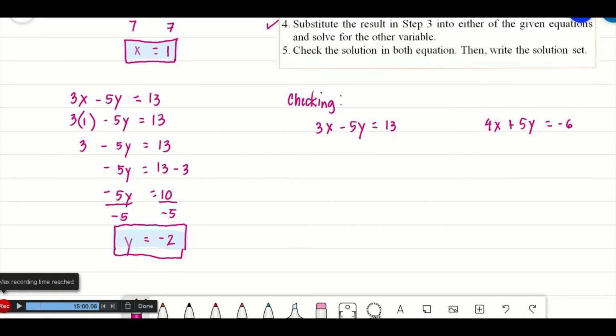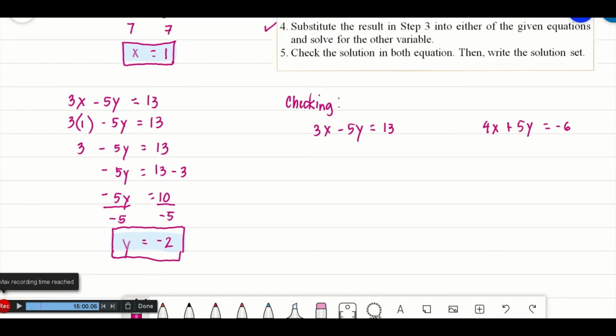Now substitute our solved values for x and y. For the first equation, we have 3 times 1 minus 5 times negative 2 equals 13.